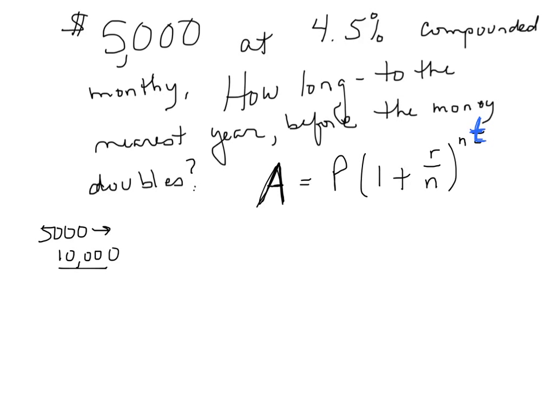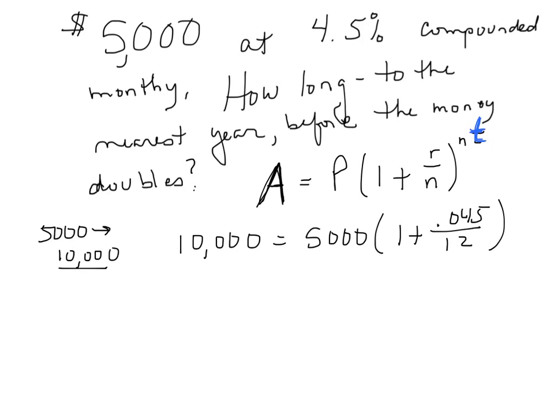So I'm going to start filling in my values. 10,000 is going to be equal to the original amount of 5,000 times 1 plus, my rate is 0.045 divided by 12, because that's my n, raised to the 12 times t. So the idea is I am looking for t.